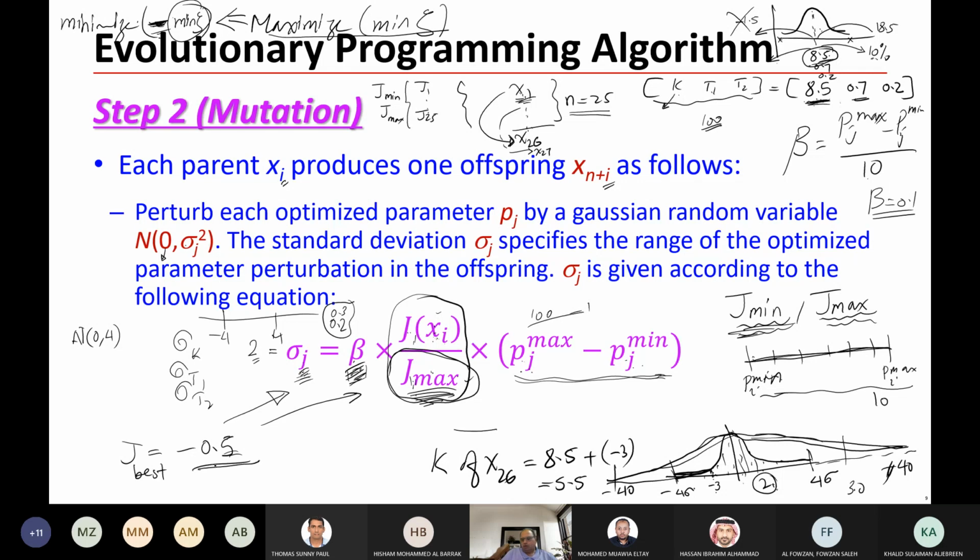And this objective is multiplied by a minus sign, so that means the actual objective equals 0.5. Okay, that's all. Yeah, clear, doctor. Thank you.